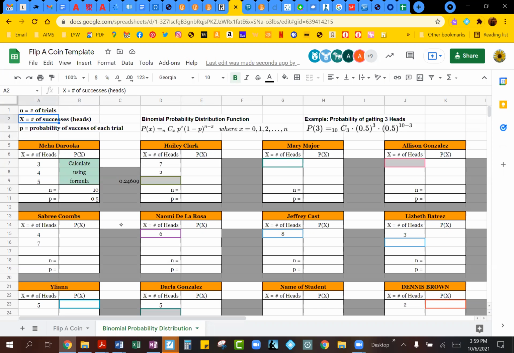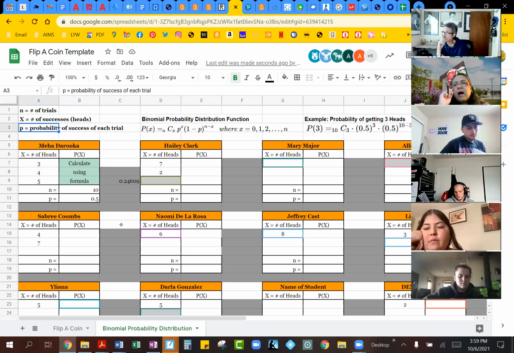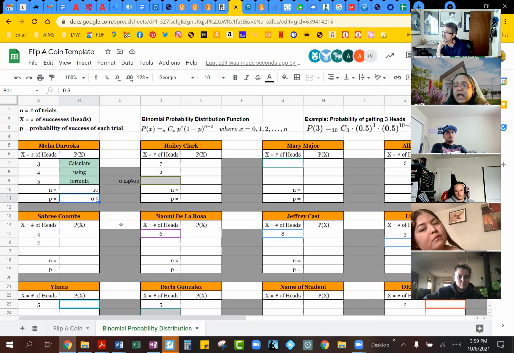And then the p stands for the probability of success of each trial. So in your experiment, when you flipped a coin, what was the probability that you were going to get a head or a tail? And in this case, we're only interested in heads, right? So our probability is going to be 0.5 because the probability is 1 out of 2.